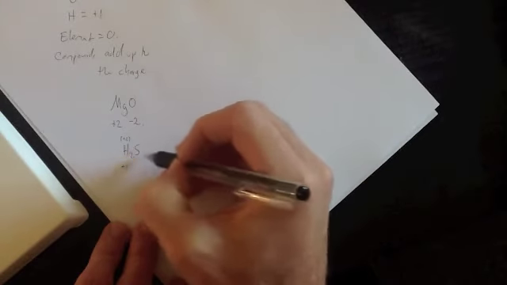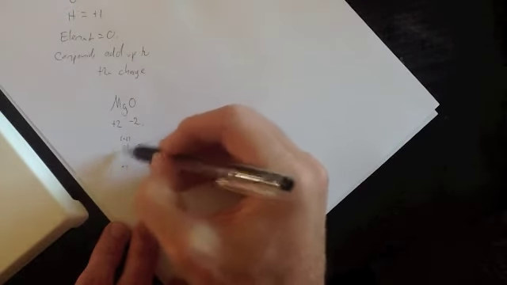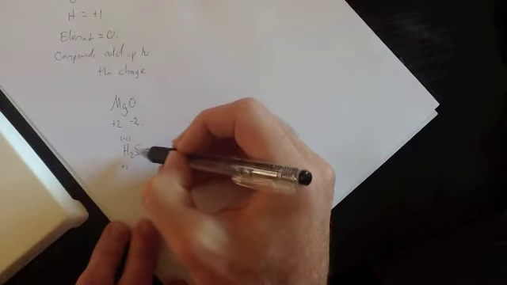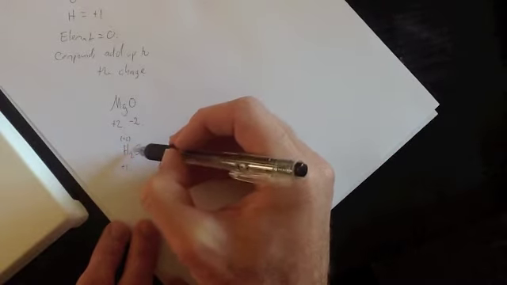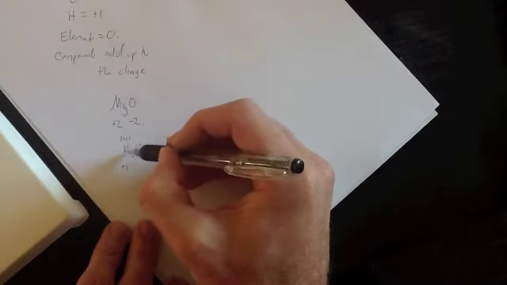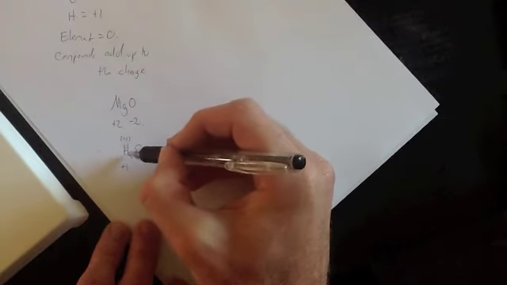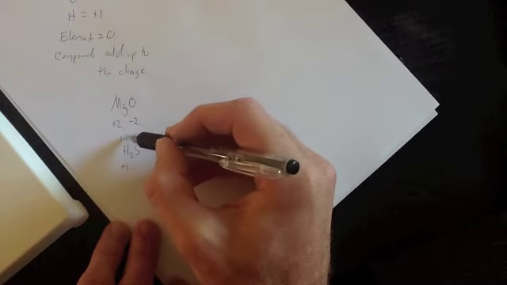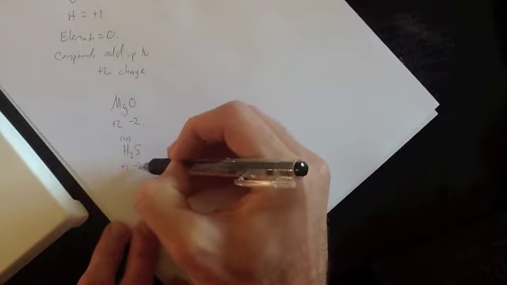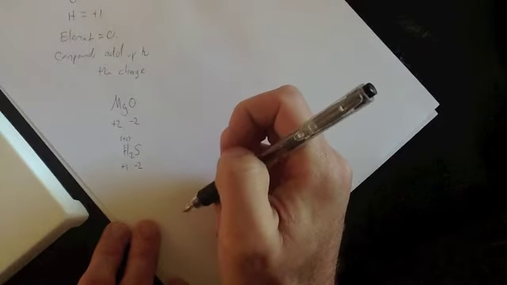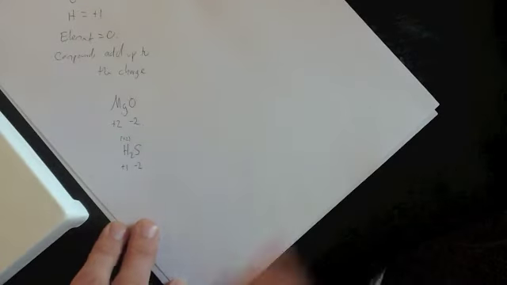The overall charge on this molecule is 0. So that means your hydrogens and your sulfur must add up to 0. So if the overall oxidation number on hydrogen is +2, because you have 2 of them, sulfur must be -2. And because you have one of them, it must be -2 there. Hopefully that makes sense.